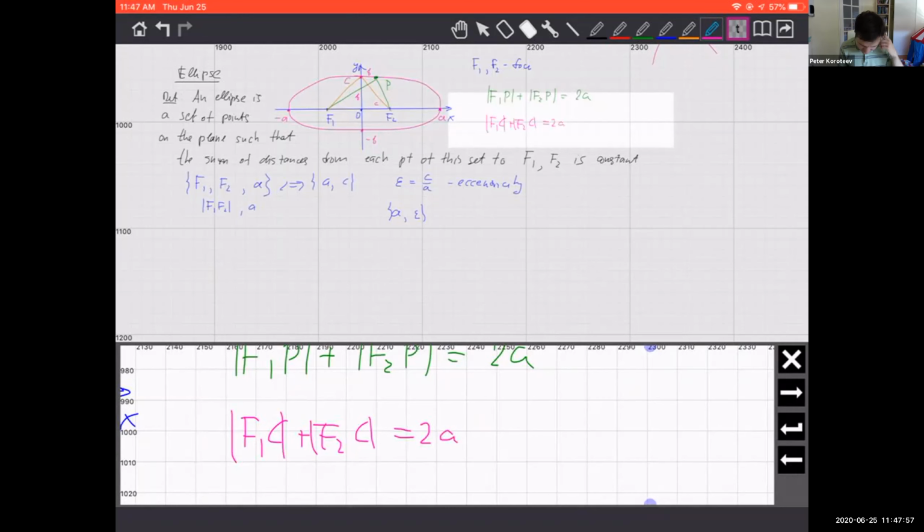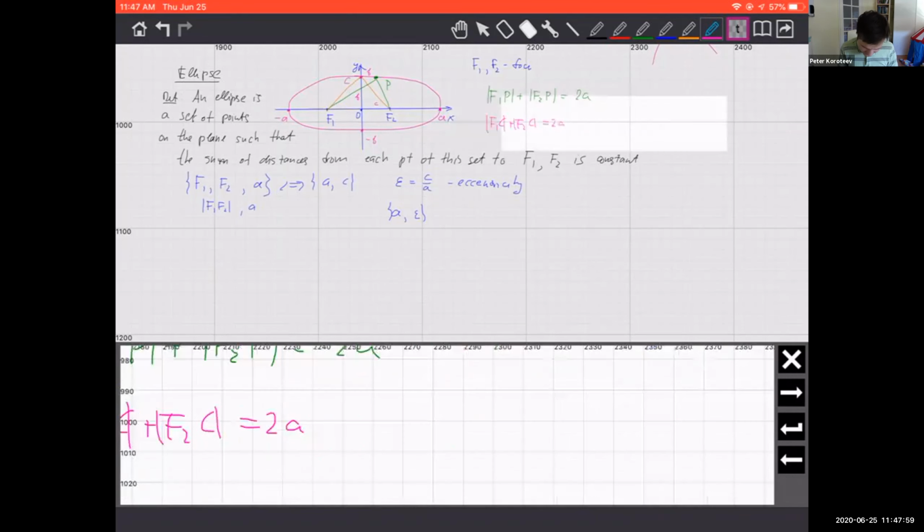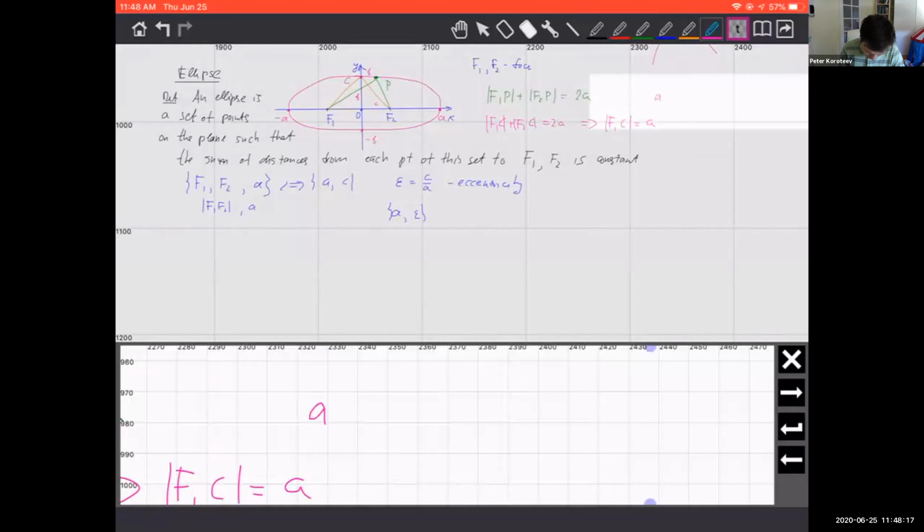By definition, and these are the same segment, so F1C is equal to A, and from the right triangle, we get that A squared is equal to B squared plus C squared.